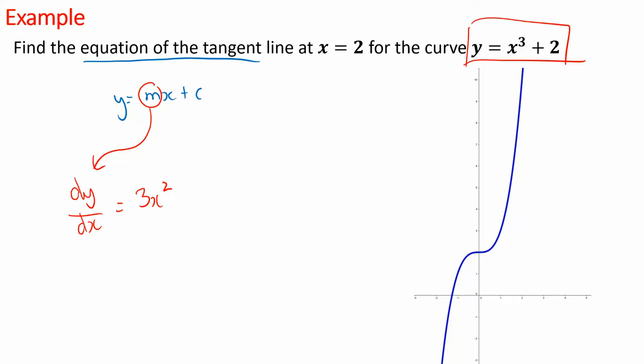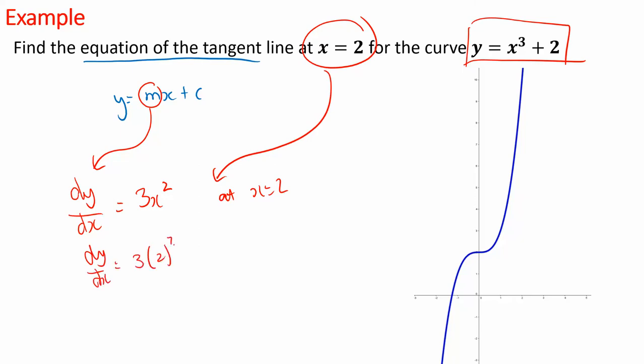So looking on the graph, at 2, I've got a tangent line. I want to know what the gradient is. Sub it in. At x equals 2, the derivative equals 3 times 2 squared, 3 times 4, 12. Don't forget the purpose. What did the derivative tell you? What is 12 telling you?